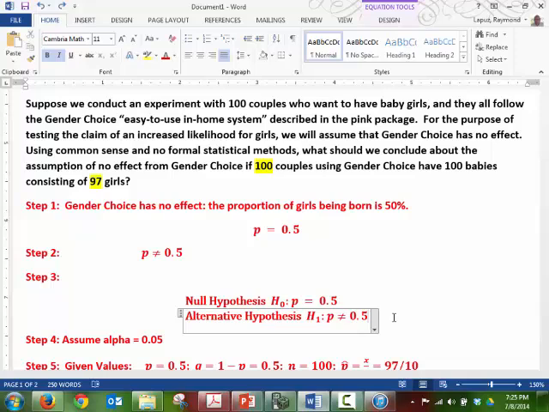What you need to do is look at your alternative hypothesis. Your alternative hypothesis dictates the tails. For this not equal to symbol, you have two tails.